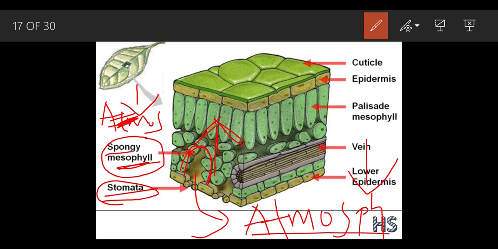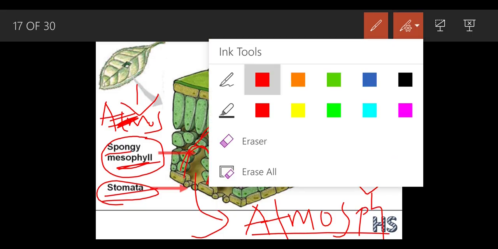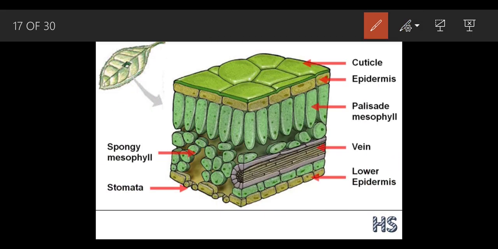Now a question will arise. So how does this spongy mesophyll get the water? This spongy mesophyll, when it loses an excess amount of water, dries up.